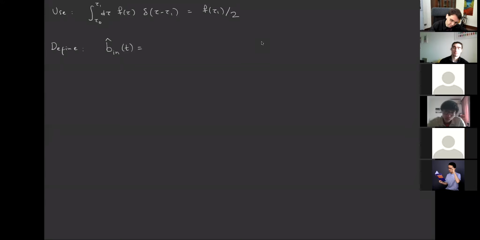In particular, we are going to say that minus 1 over square root of 2 pi, that integral, that Fourier transform, this object here, we call it the input operators.